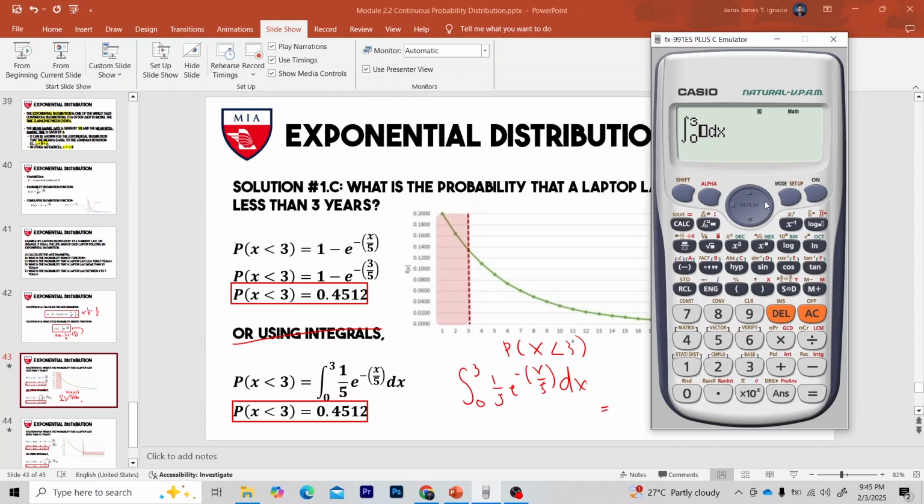Then just enter the formula: 1 over 5, quantity, e raised to negative alpha x over 5. We have 0.4512. That's how we solve an exponential distribution problem.